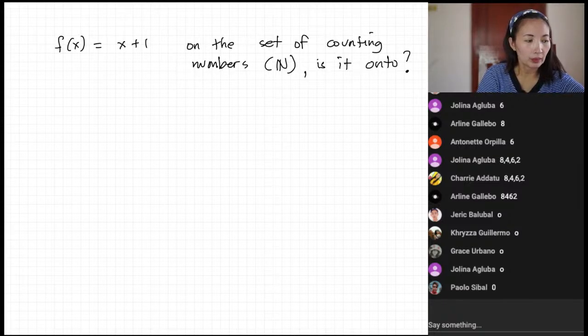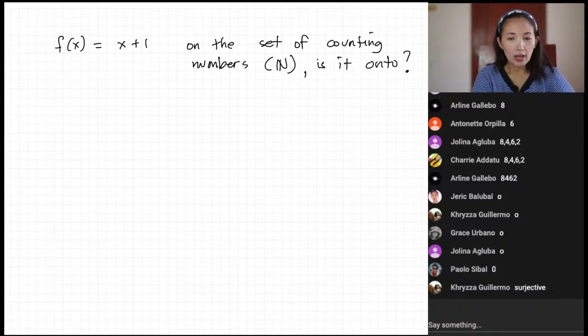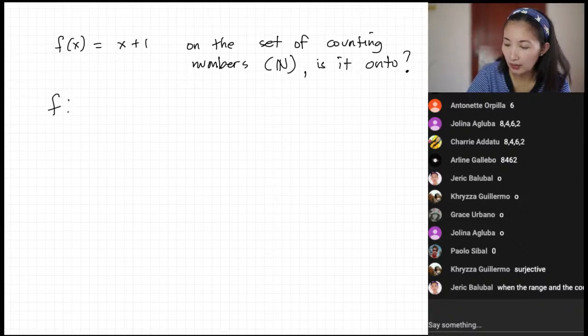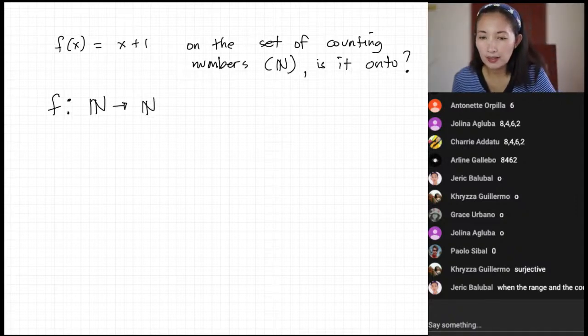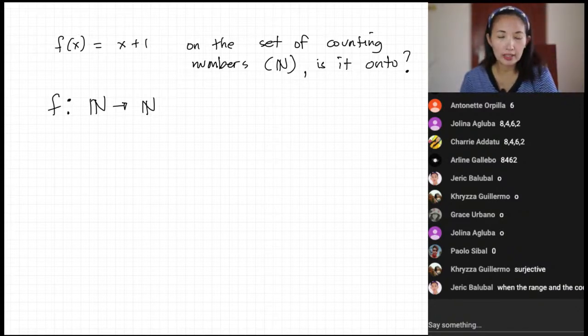Ayan, surjective nga. Onto function or surjective. Anong sabi natin? When the range and the codomain are equal. N to N ito, the function f is defined on the set of counting numbers to the set of counting numbers. Now I'm asking you, the range and the codomain are equal.